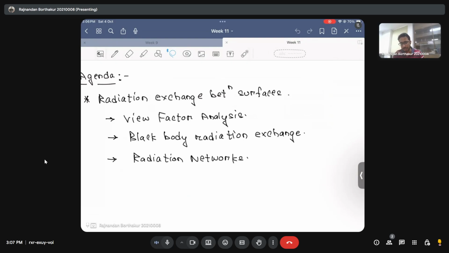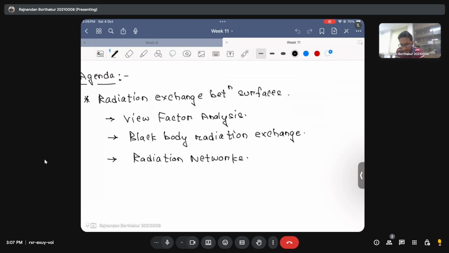Basically, you got a glimpse of this view factor analysis in the week's lecture series. The idea is to solve some important problems involving view factor analysis in radiation transfer.